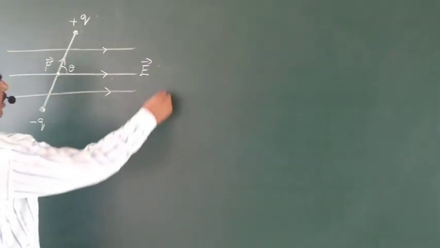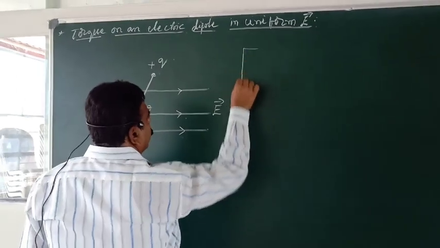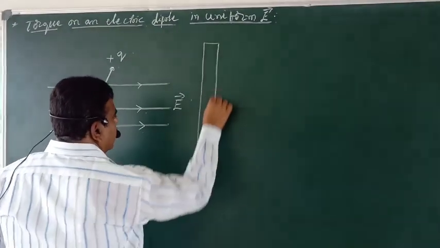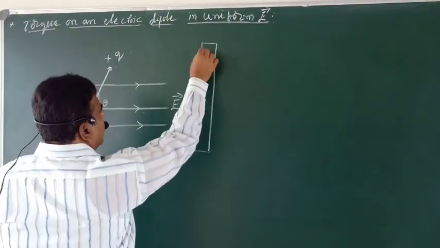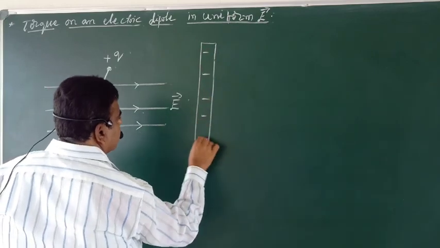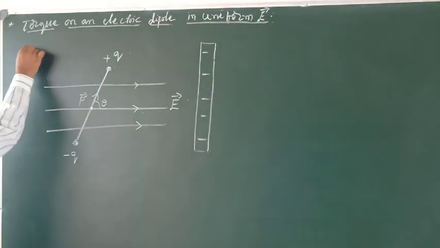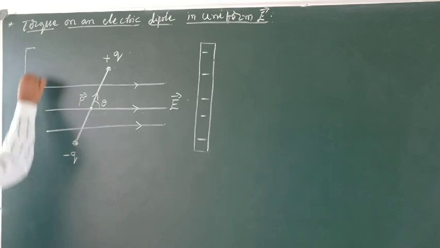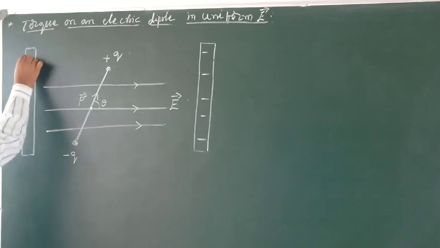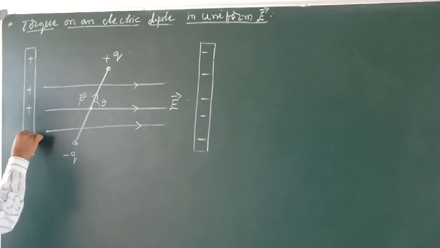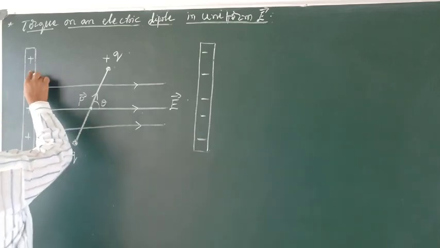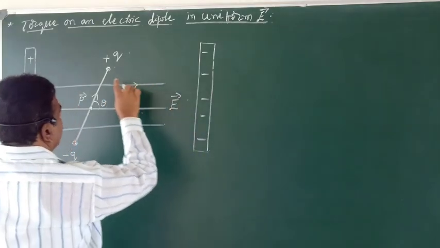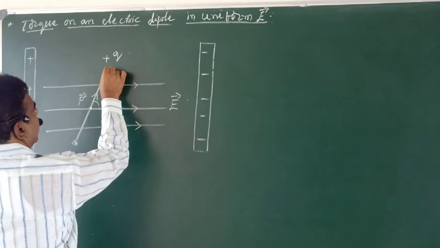As a result, what happens? There is some negative charge. There is some positive charge. Due to these charges, there is electric field. As a result, this pushes, this pulls, unlike charges attract.